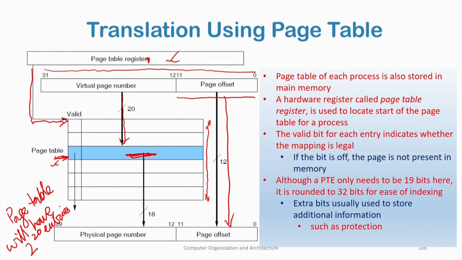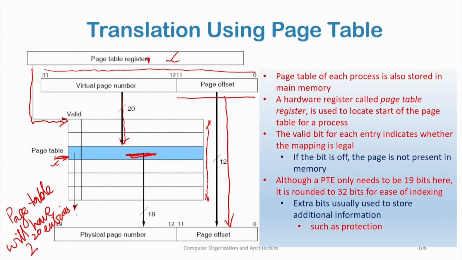From the valid bit, I have found that this mapping is valid, which means that corresponding to this virtual page number, this physical page number is valid. The data corresponding to this virtual page actually resides in this physical page. If this valid bit was off, it means that this physical page is not there in physical memory, so I will have a page fault.